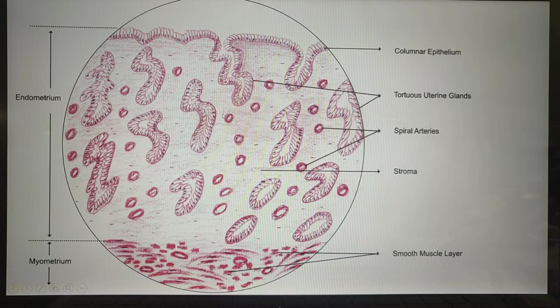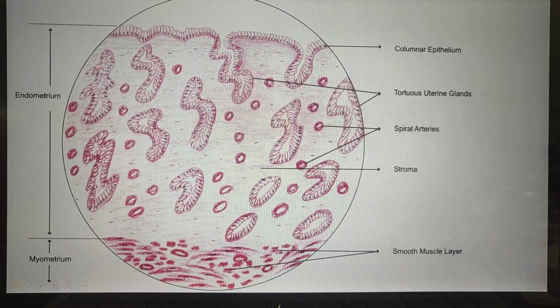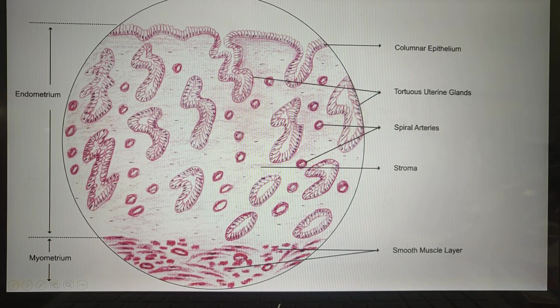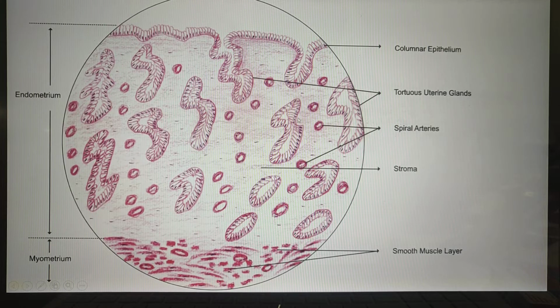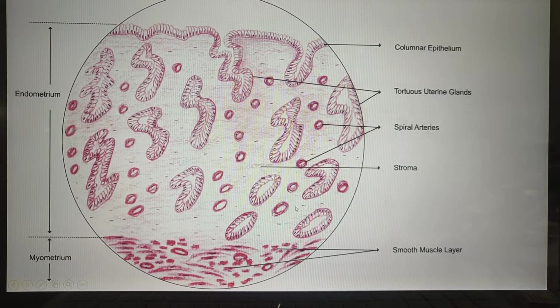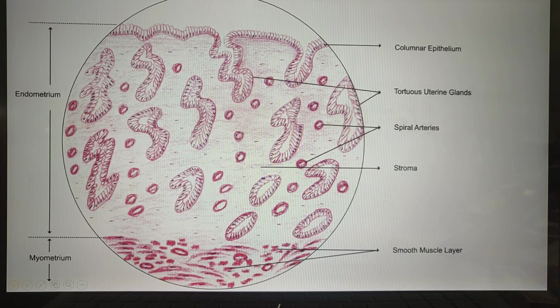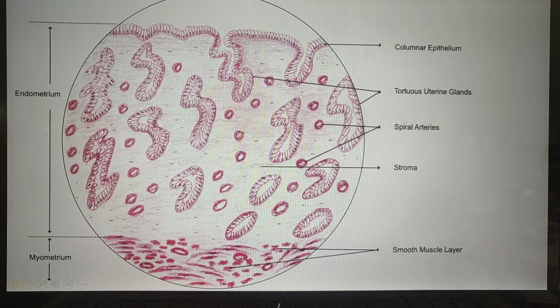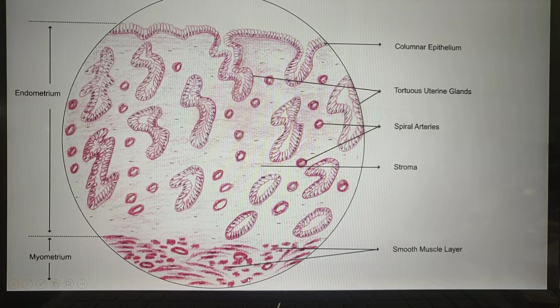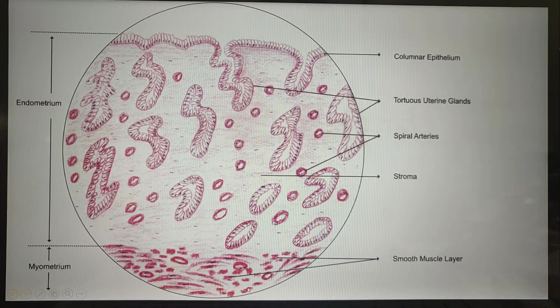So here you can see the proliferative stage. This is the endometrium, which is well developed because of the proliferation, and the spiral artery, which is tortuous, and the smooth muscles, inner longitudinal, middle spiral and outer longitudinal, and the outermost is the perimetrium.